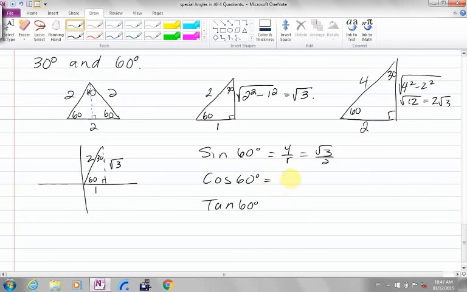Cosine is x over r, so that's 1 over 2. And tangent is y over x, so that's root 3 over 2. So the key is to know those 3 sides and where they belong in relationship to the angles.